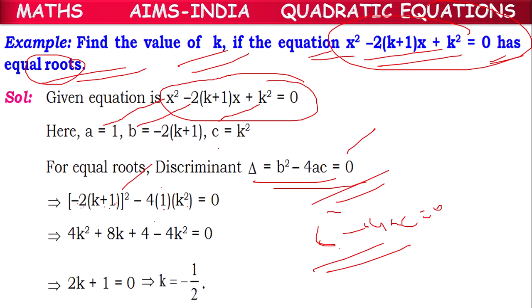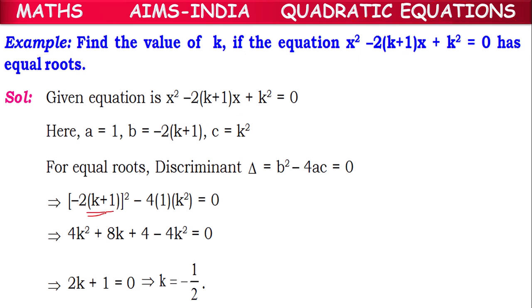If you multiply this, minus 2 whole square means 4, k plus 1 whole square means a square plus 2ab plus b square, minus 4 into 1 into k square, 4k square.